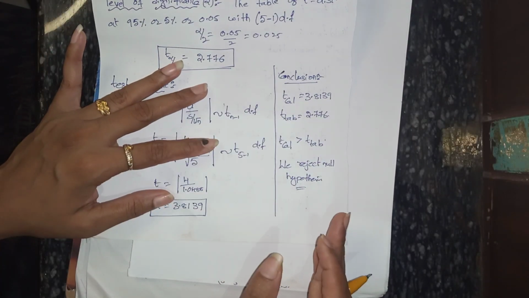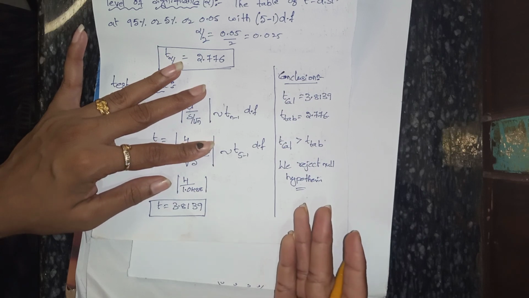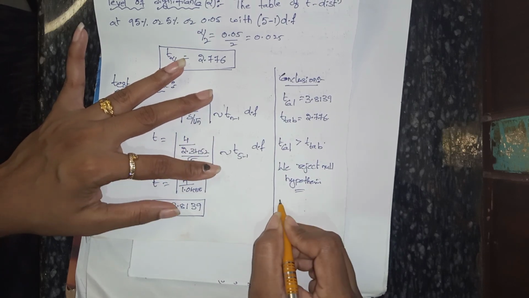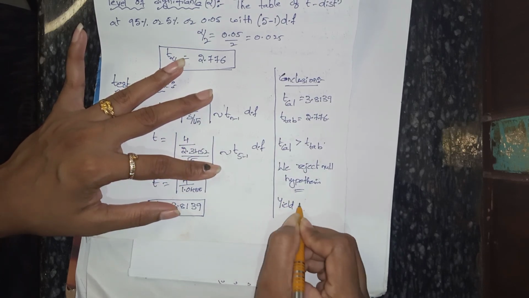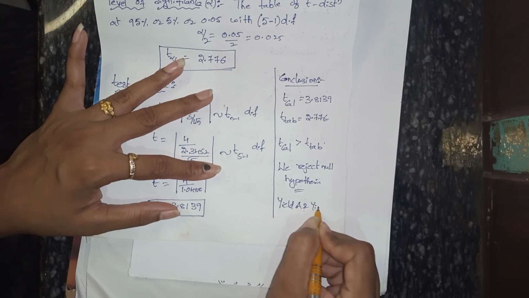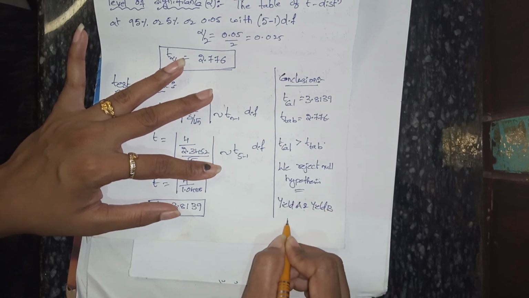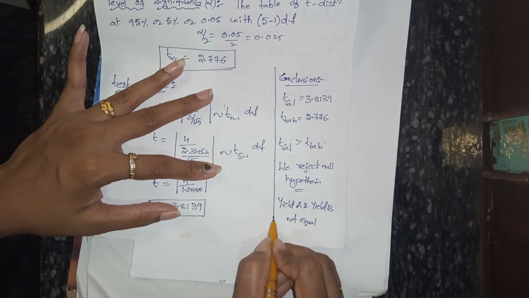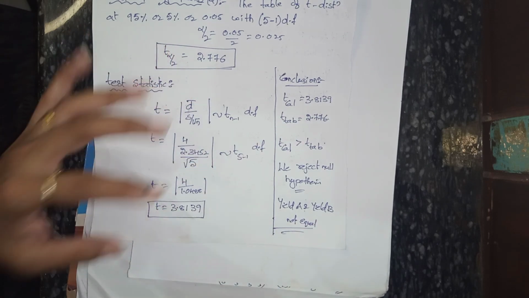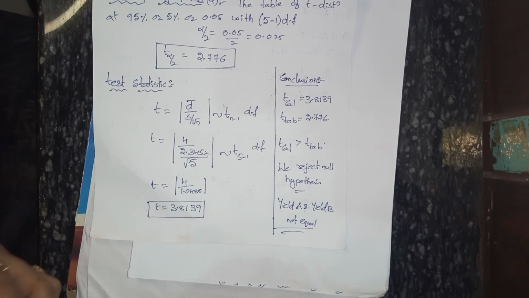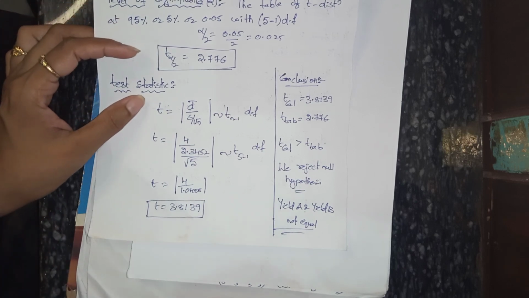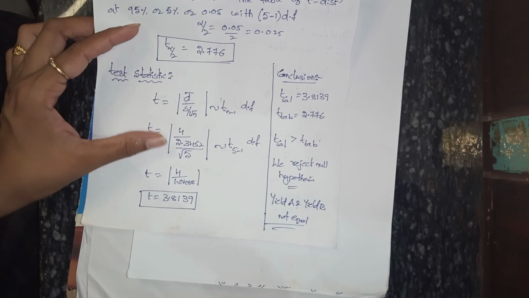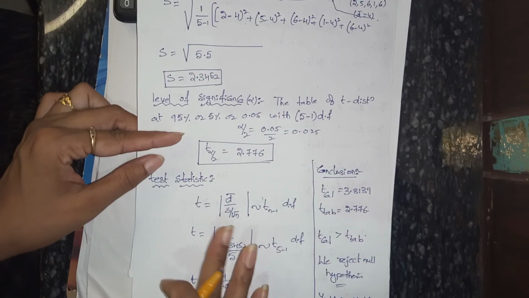That means yield A and yield B are not equal. That means there is a benefit of buying costly manure. So this is about this problem.